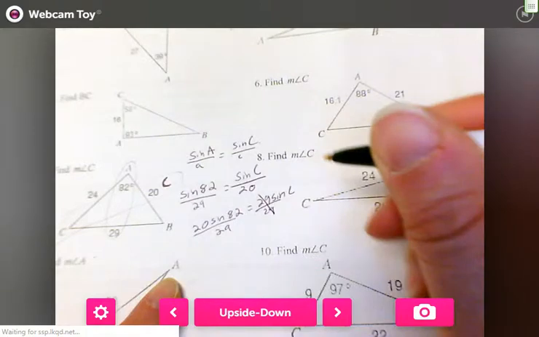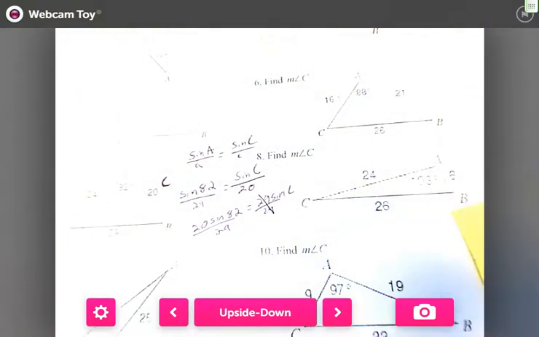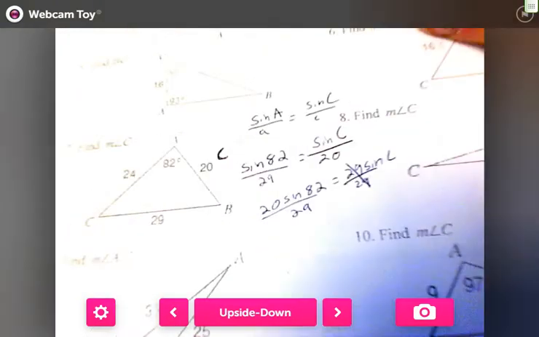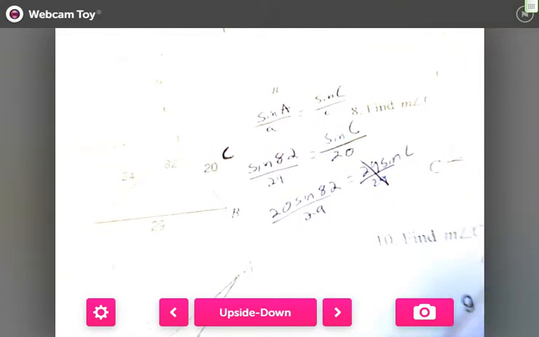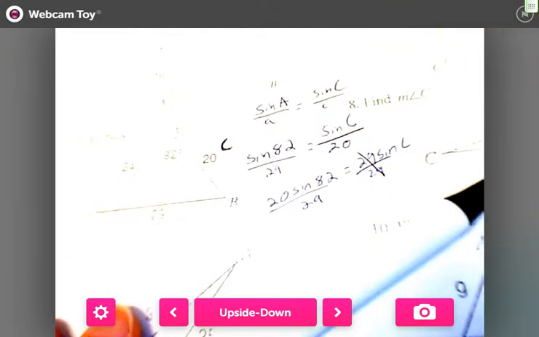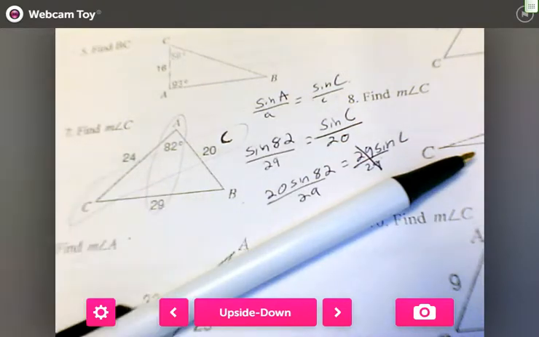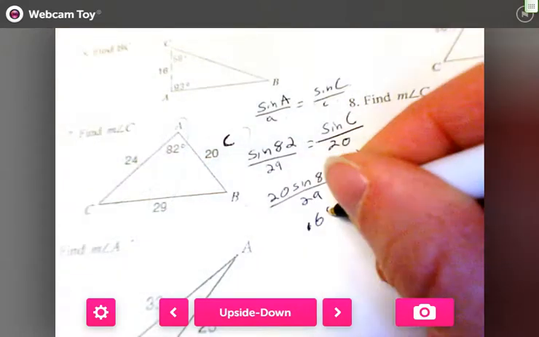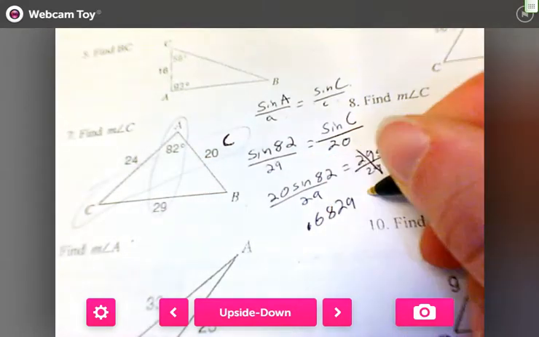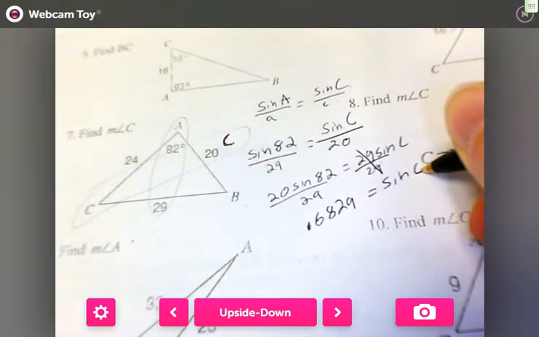Now I'm going to put this in my calculator. I'm going to put the little fraction thing, 20 sine 82 over 29. And I'm going to get 0.6829 equals sine C. Okay?